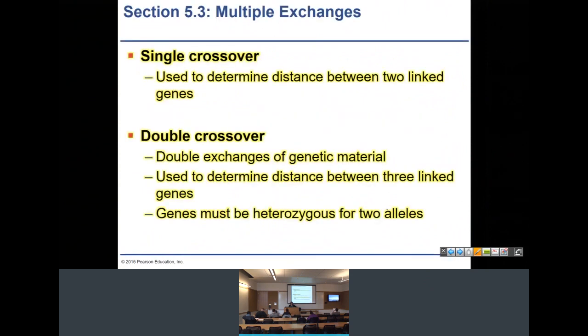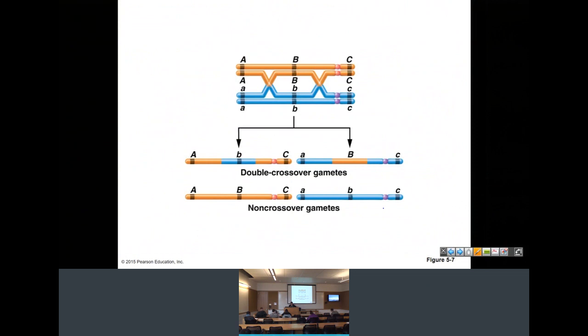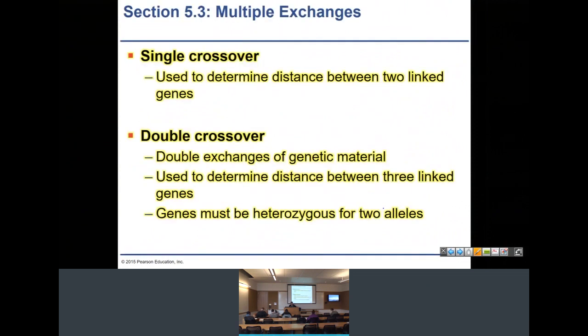All right. In order to really look at a genetic map, to make a genetic map, we usually need to map more than 2 genes at a time. And the reason is, if you're mapping just 2 genes, gene A and B, we could have a double crossover between the 2 genes, because if there's a large distance between those genes, as a result, it would appear as if there was no crossover.